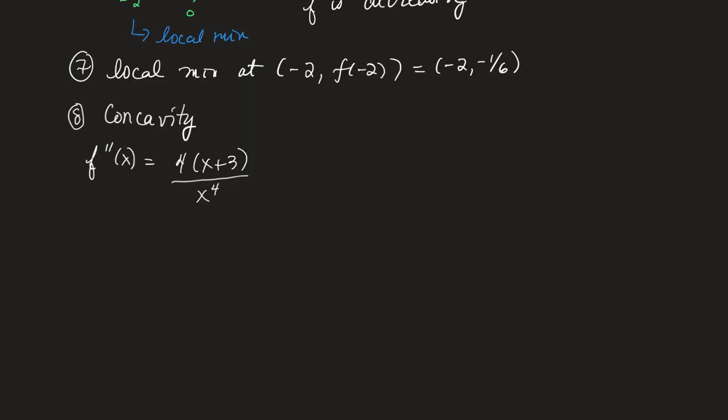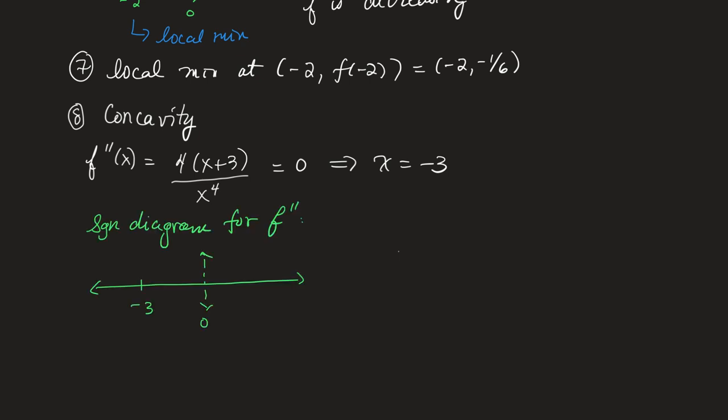Now for concavity, I need to consider the second derivative, and the second derivative will be 0 when x is minus 3. So f double prime x is 0 when x is minus 3. So I need to do a sign diagram for the second derivative. For that sign diagram, I've included that point where the second derivative is 0. That's a possible inflection point. And I've also included the vertical asymptote at x equals 0.